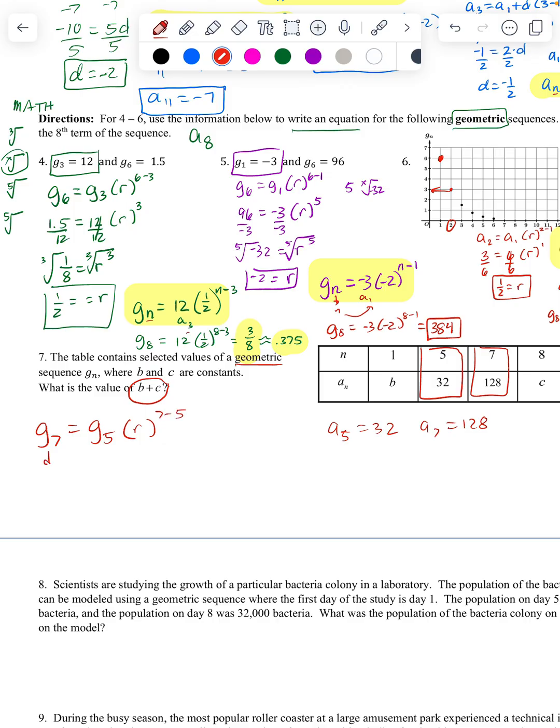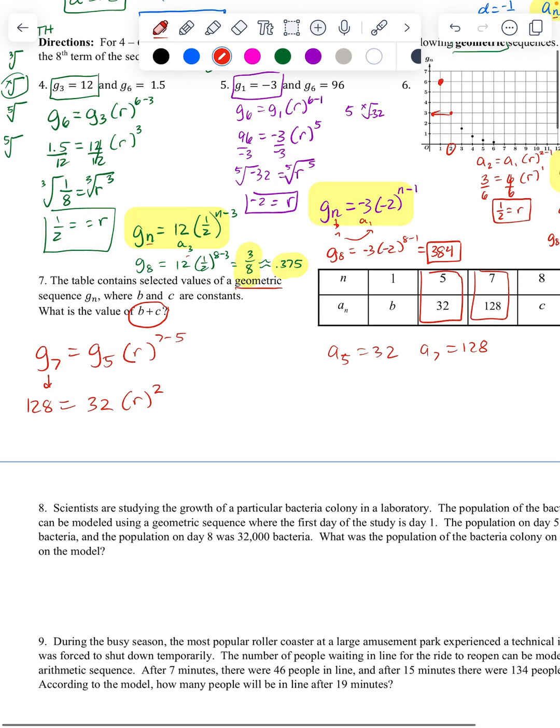So from my table, the 7th term is 128, the 5th is 32, and 7 minus 5 is 2 because of 2nd grade. Then I'm going to divide out my 32, and I'm rocking because now I have R squared is 4, which came from 128 over 32. And so when I square root those, my R is 2.